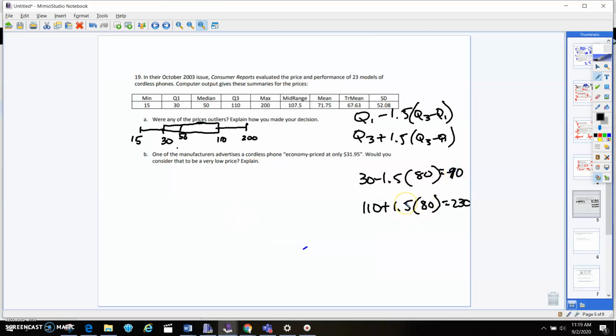And that's way out there. So is negative 90 less than 15? Yeah. Okay, so there's not an outlier there. Over here, 230 is way outside of this 200 boundary. So there are no outliers. No values that are outside of the max or min.